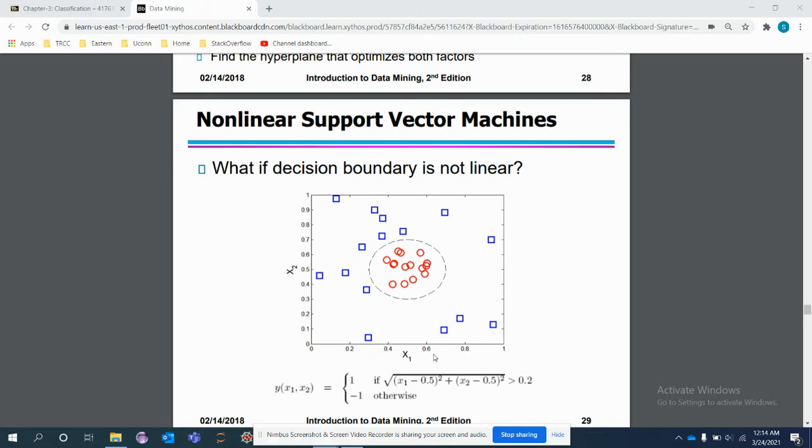Instances of the data set can be classified using this equation that you see here. Why do we have 0.5, 0.5? Here we assume the cluster centroid is at 0.5, 0.5. And this formula is nothing but your Euclidean distance. So you calculate the Euclidean distance from a particular point to the cluster centroid.